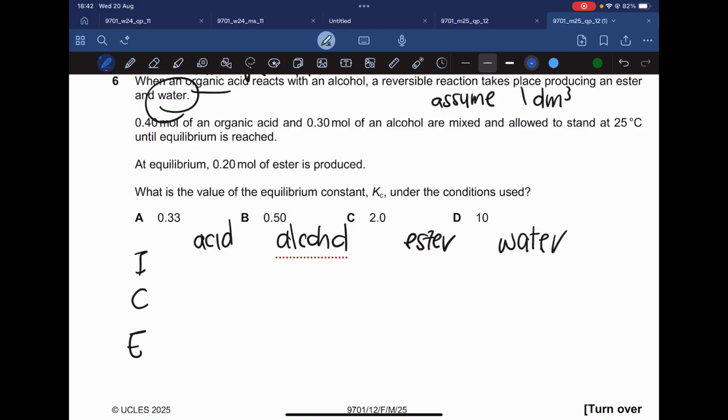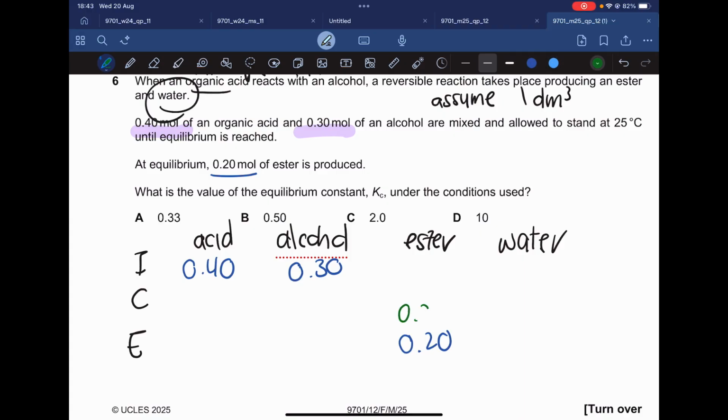Okay, so now we're saying that we started with 0.4 moles and 0.3 moles. So we can say initial. And we have here at equilibrium 0.20 moles of ester produced. So now we just need to look at the changes.